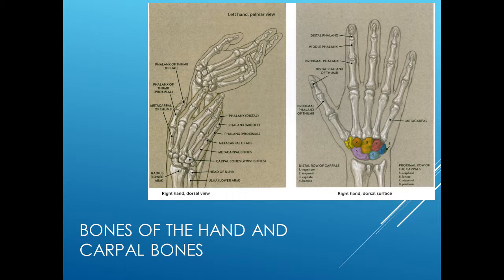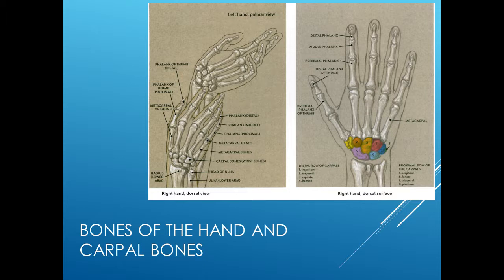So this one's the furthest away, and this one's closer to the torso. Metacarpal of the thumb. These are the metacarpals. We have five metacarpals on each hand. And then you'll see the phalanx, distal, middle, proximal, metacarpal heads down here, metacarpal bones, and then the carpal bones in the wrist, the head of the ulna, and then the radius there.